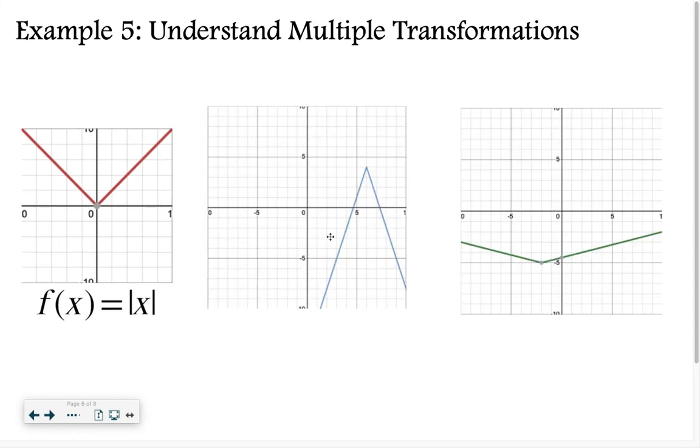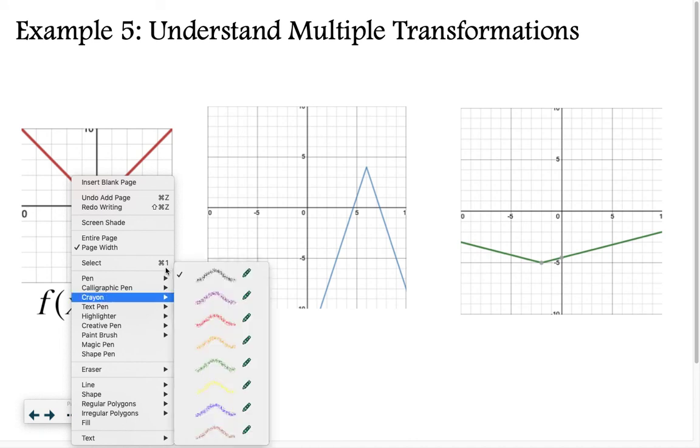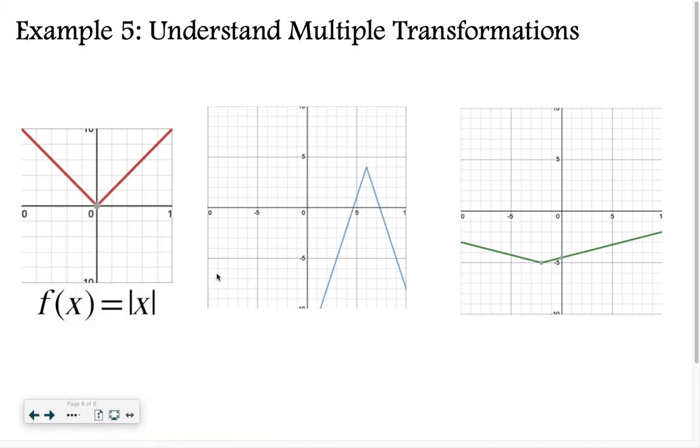Okay, let's look at example 5 where we have multiple transformations happening. So here we have this graph, and we want to know how did it change from the starting. I'm going to say g of x equals. I see that it started opening up, it's now opening down, so I'm going to have a negative. It looks narrower, so I'm going to check to see if I have a different slope.